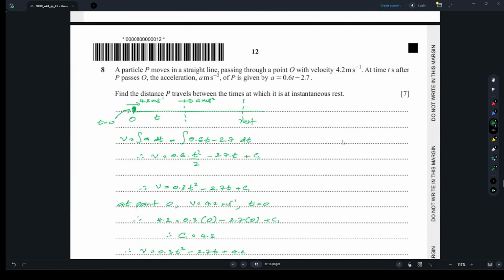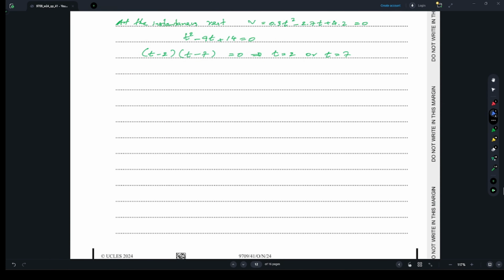That means in our sketch, it comes to rest at t equals 2, also travels another distance and rests at t equals 7. And then since we need to find the distance, you have to again integrate the velocity.